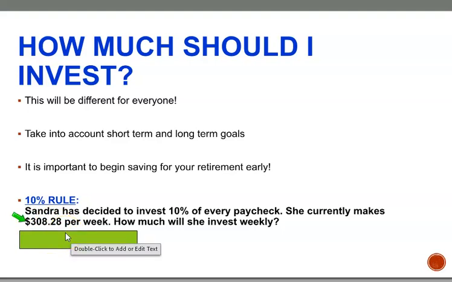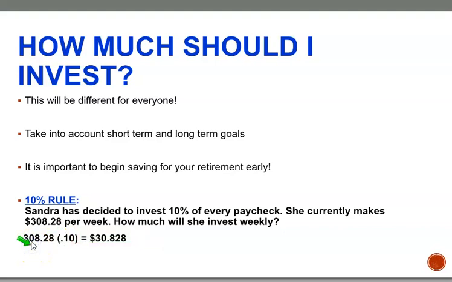Addition, subtraction, multiplication, or division? Good, multiplication. So take the amount she gets on her paycheck times 10%. Remember, we take the percent sign off and move the decimal 2 places to the left, so it's 0.10. Multiply this out, and this is what you see on your calculator screen.